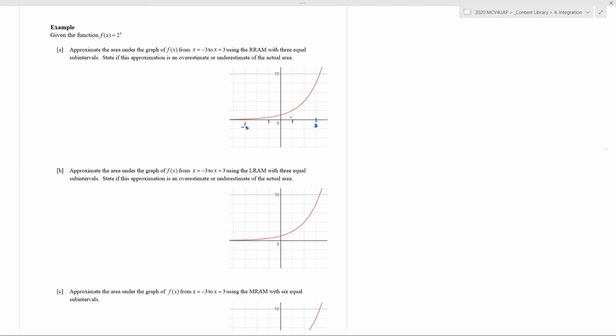So my first rectangle, or the last rectangle, I should say, will look like this. The second rectangle, like so. And the third rectangle, something like that.